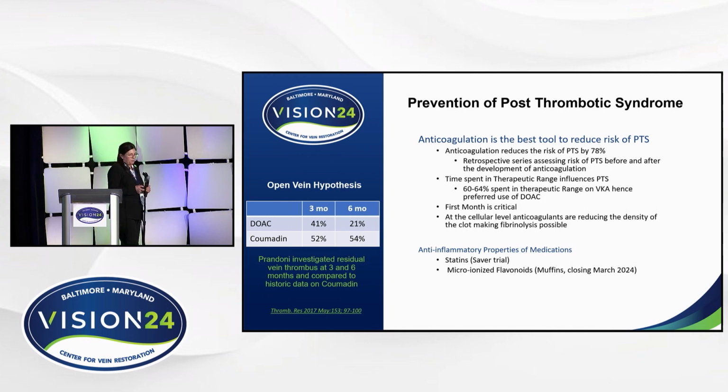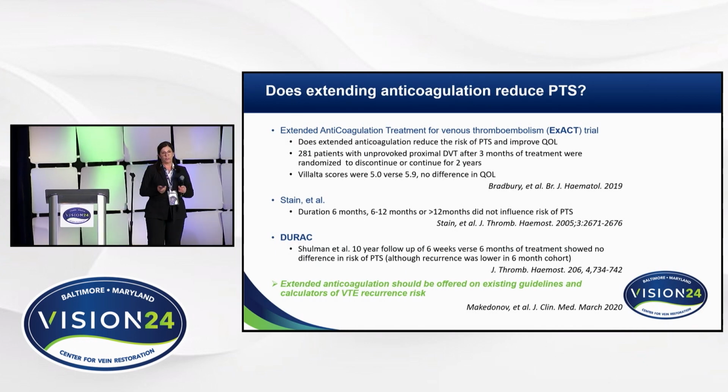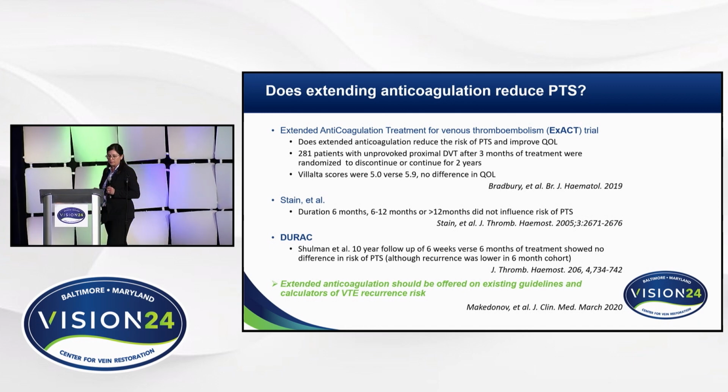Now, there were some studies specifically to address this. The EXACT trial answered the question, does extended anticoagulation reduce the risk of post-thrombotic syndrome and improve quality of life? So there were 281 patients with unprovoked proximal clot. They were treated with 3 months of standard treatment, and then they were randomized to discontinue or continue for 2 years. And the outcome data was looking at the Villalta scores and quality of life, and there was no difference.